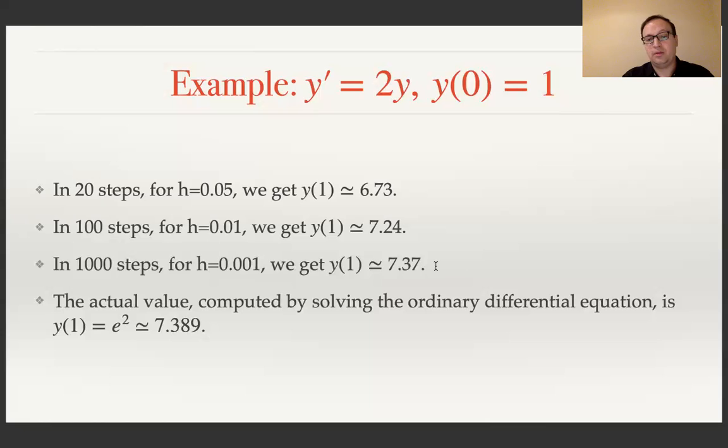So we got an accurate value with just the first two decimals. This is not great because we had to use 1,000 steps just to get the first two digits correct. And this is why people don't often use Euler's method in practice.